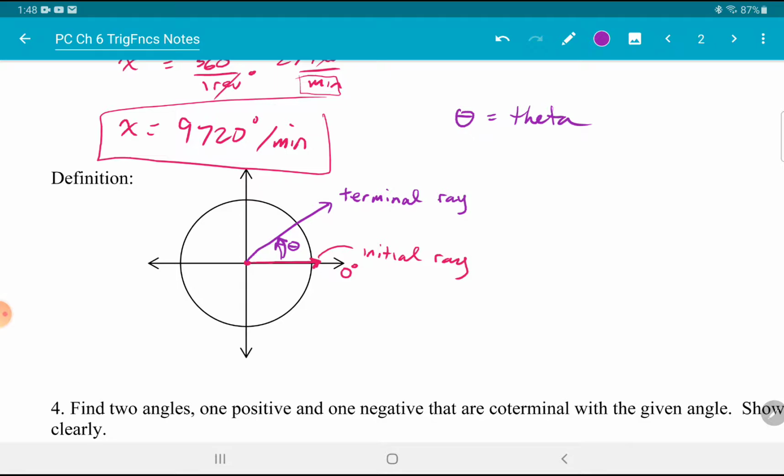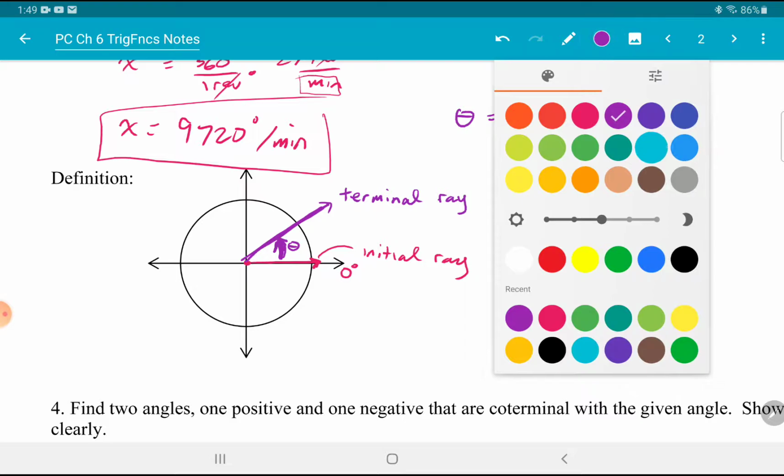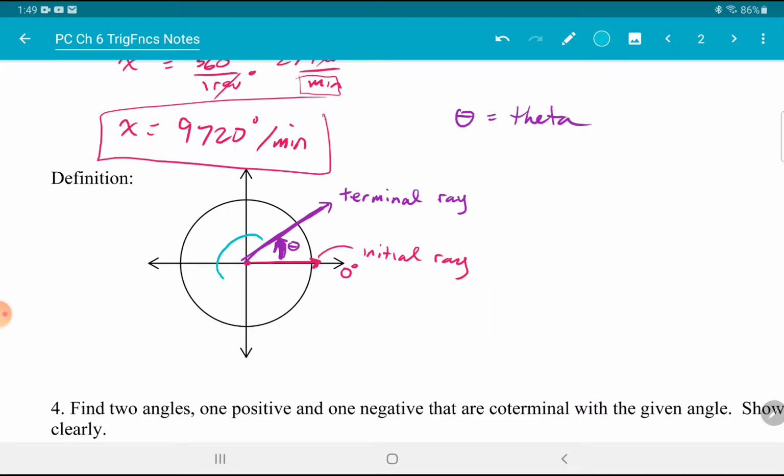Now, because it's a circle, we know that circles are basically endless. There's no corners anywhere, there's no stopping location. So you can imagine that this purple ray, which has right now stopped in this position, could technically keep going in a circle, just like what you see on a clock on a daily basis. If it keeps going counterclockwise, and let's say we end up stopping at the exact same position as that purple line, when you go all the way around a full circle, this is what we call the coterminal ray.